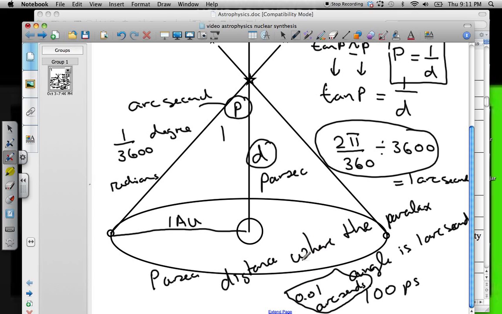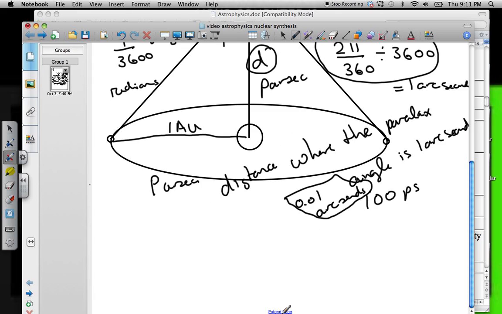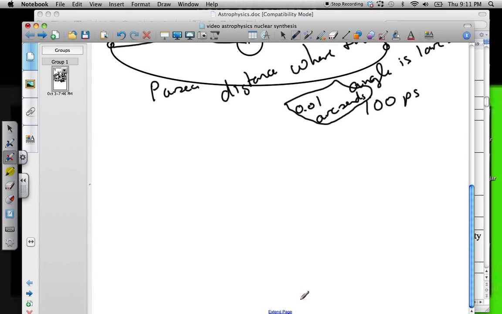Alright, so you need to be able to use this formula. It's pretty straightforward.